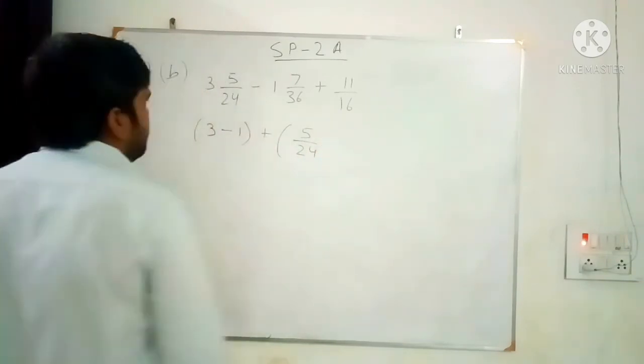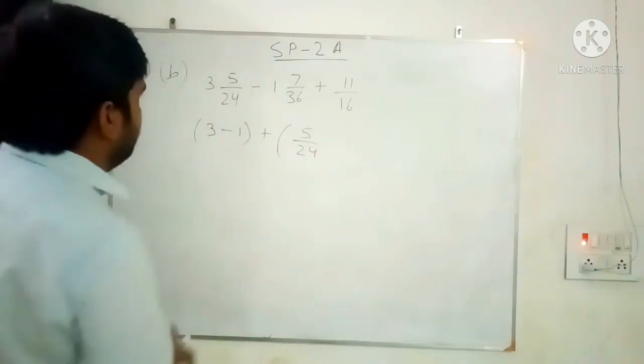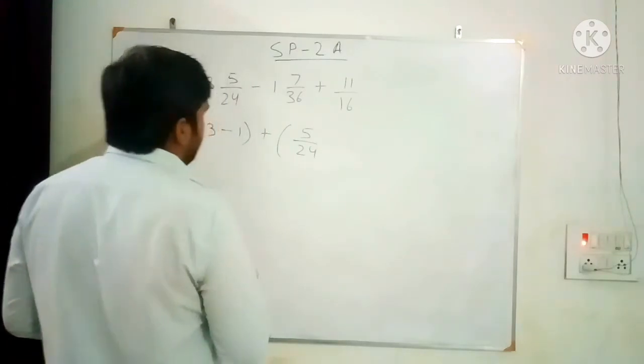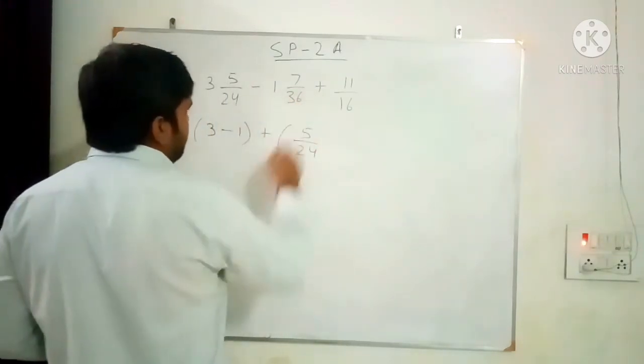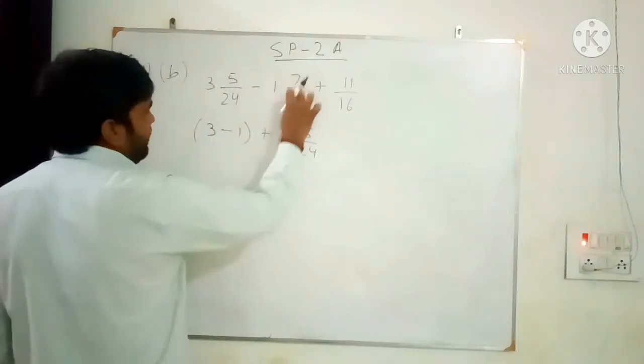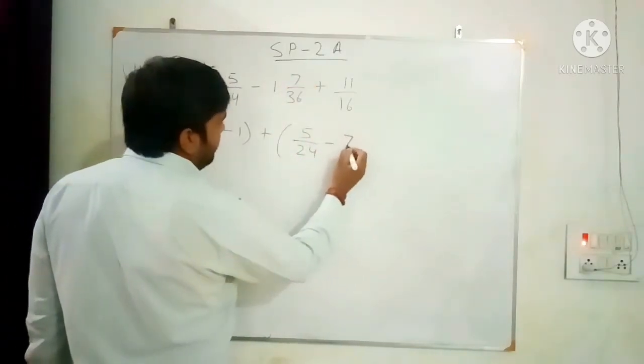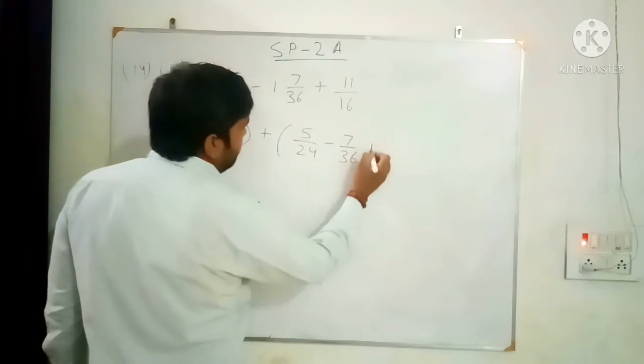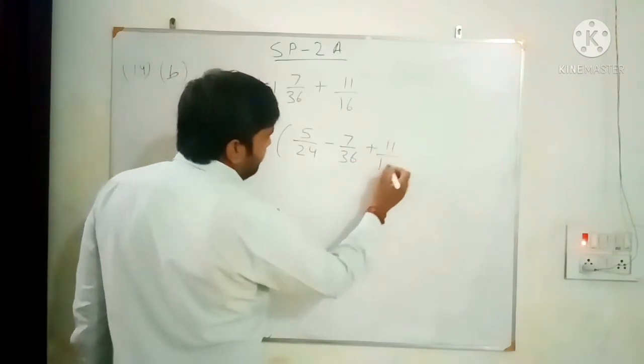Since this number we have to subtract, we write the minus sign, so minus 1 minus 7 by 36. So we write the negative mixed number and the negative fraction, so here we write minus 7 by 36 plus 11 by 16.